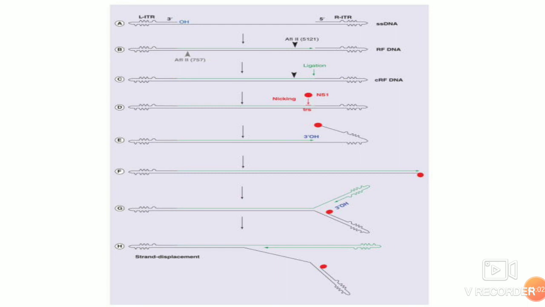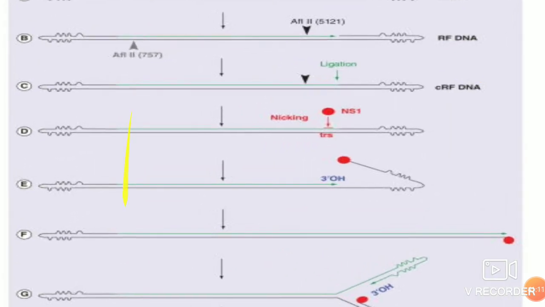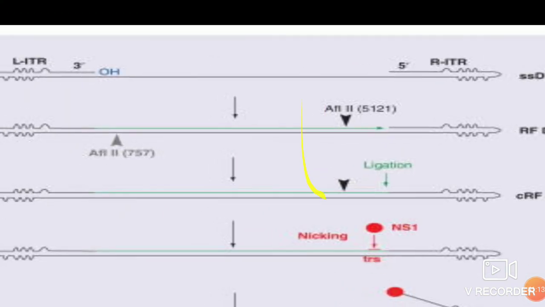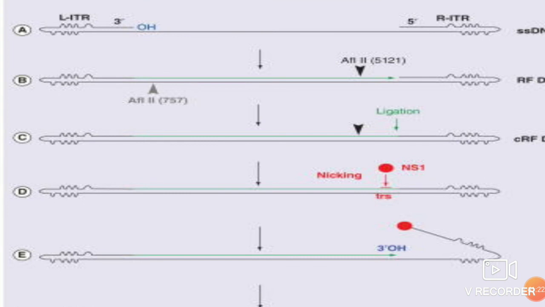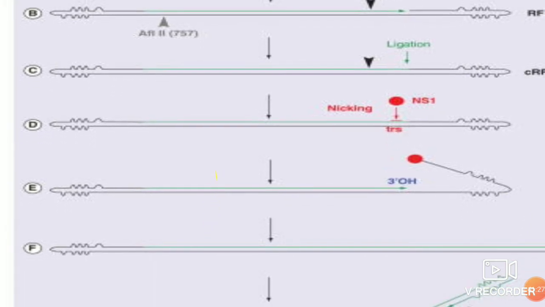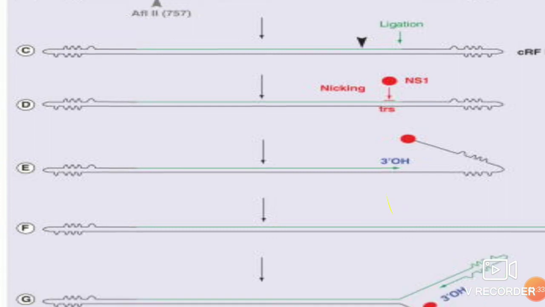So I'll repeat once again, once the DNA of the B19 is induced into the cell, it is converted to the replicative form by extension from the right side to the left side, and then there is ligation. You have the replicative form ligation. There is a nick formed by NS1 at the TRS site, which releases the terminal repeats and the newly synthesized DNA.